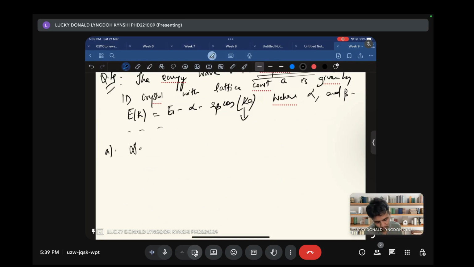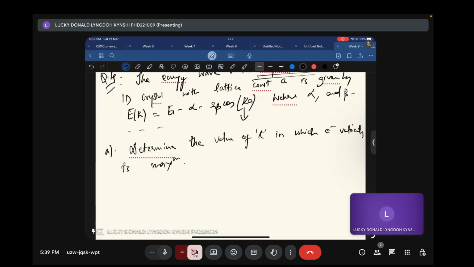So we have to determine the value of k at which the electron velocity is maximum.